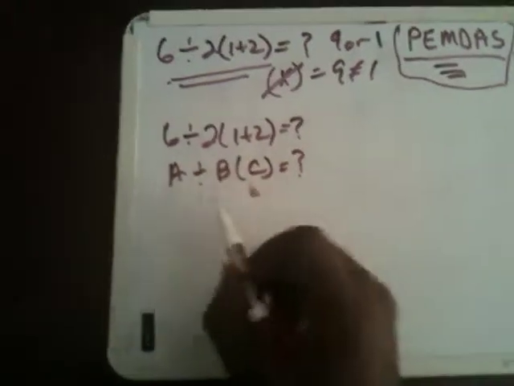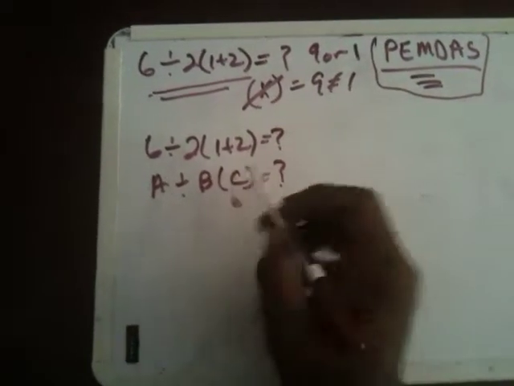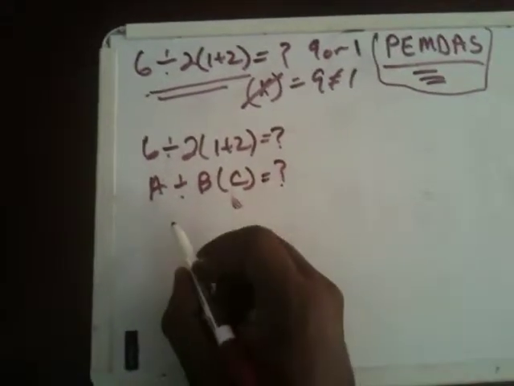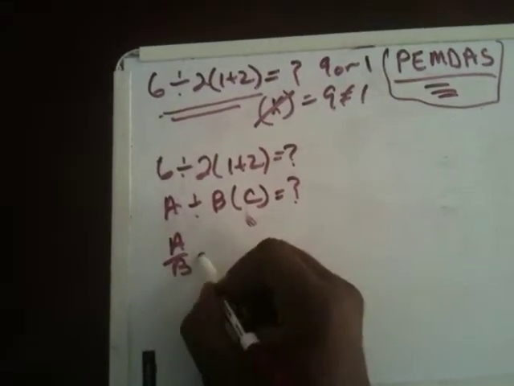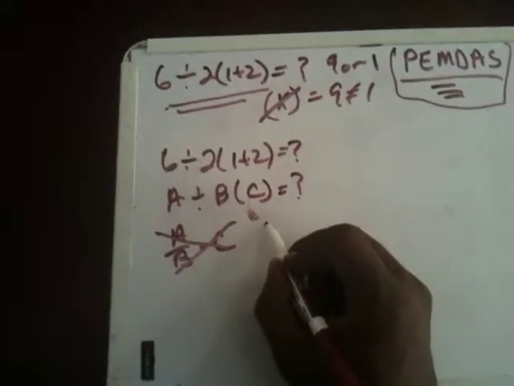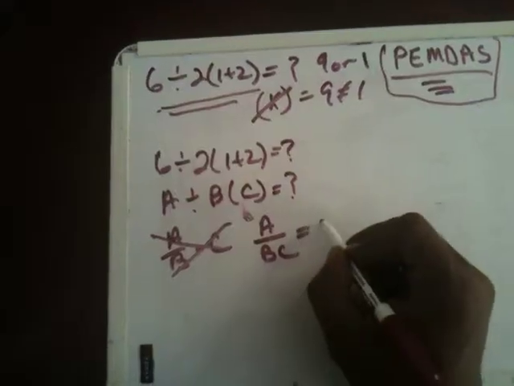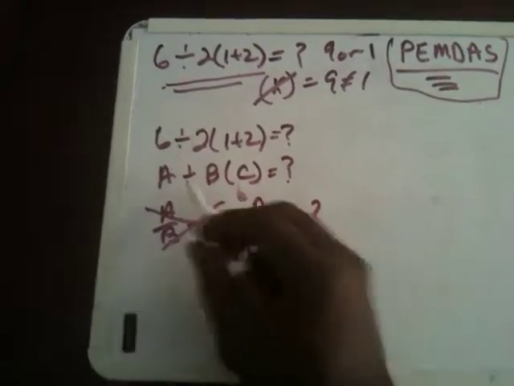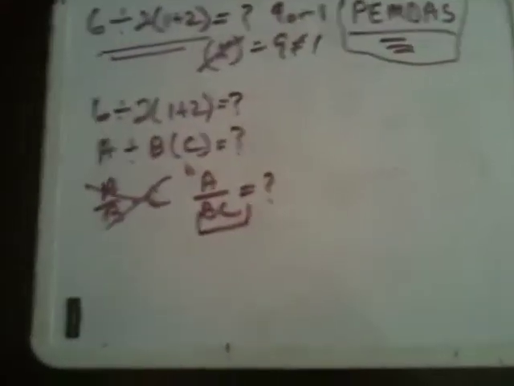So therefore, if you look at it like this, because they're on the same side of the equation, you can't all of a sudden make it A divided by B, times C. That's wrong. You would have to say A divided by BC is equal to what? So the premise is that these two are a unit. And then we all know distributive properties. You have to distribute the properties first.